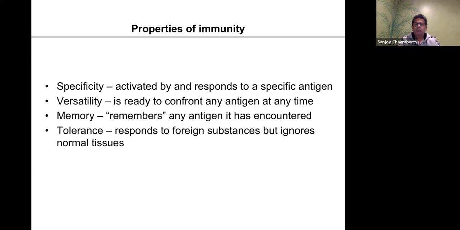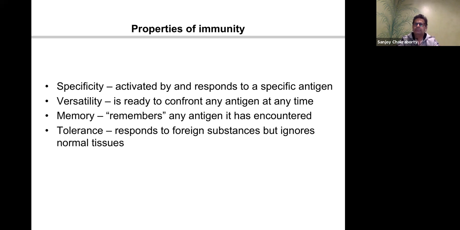Memory, meaning they memorize it, so they remember the antigen. So once you get that antigen in your body, you fight back against it and they memorize them. So next time they won't take 5 days, they take 5 minutes. So if you make a key for one lock and you take it a second time to the locksmith, if he or she saved that data, they can make it in 2 minutes. They don't need 5 days anymore.